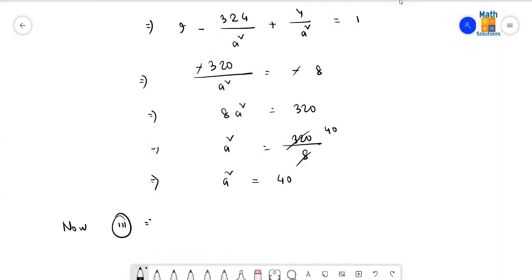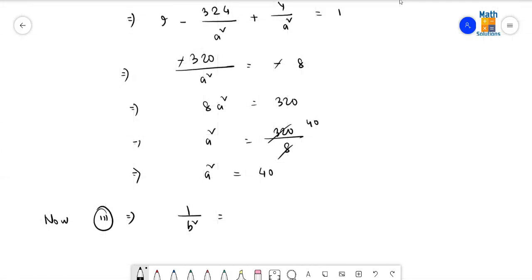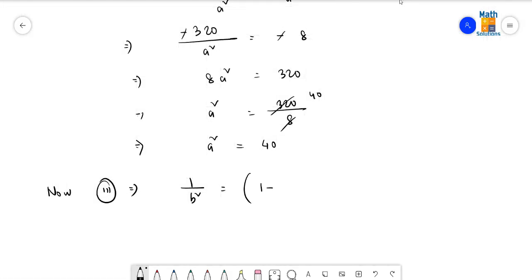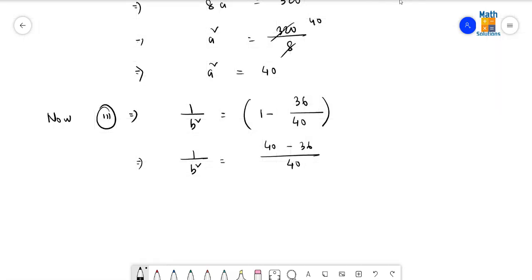3 implies 1 by b square will be equal to, what was the thing to be substituted? Yes, 1 minus 36 by 40. So let us check that. 40 being the LCM, 40 minus 36, what did I get? B square is equal to 40 by 4 if I take it reversely.